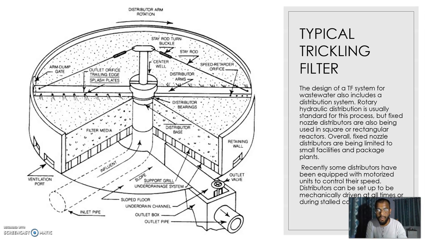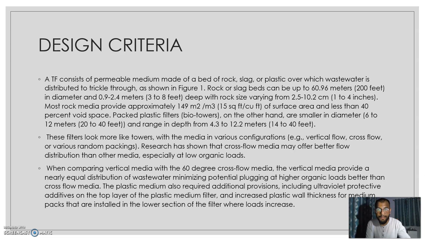Rock or slag beds can be up to 60.96 meters, or 200 feet, in diameter, and 0.9 to 2.4 meters, or 3 to 8 feet, deep, with the rock size varying from 2.5 to 10.2 centimeters.